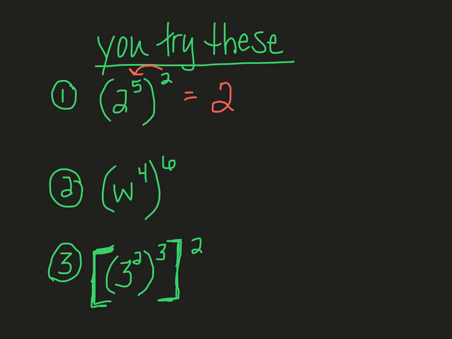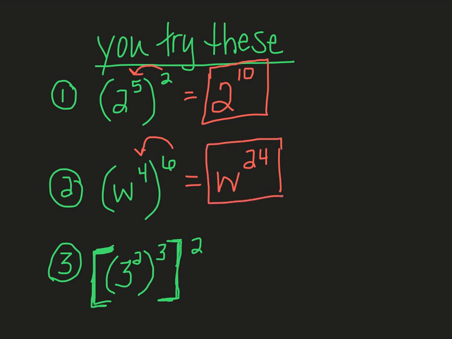So take the outside exponent, multiply it times inside exponent, 2 to the 10th power, and there you go. The second one, take the outside exponent, multiply it by the inside exponent. It's w to the 24th.